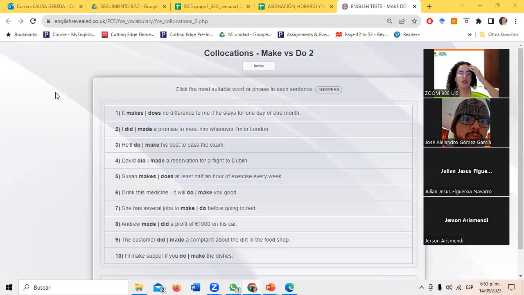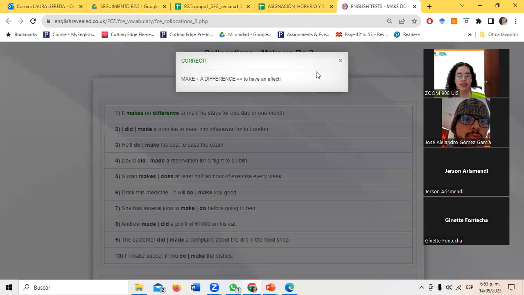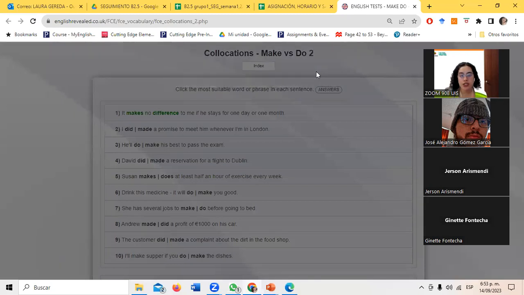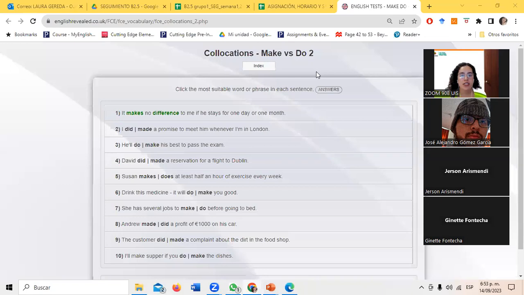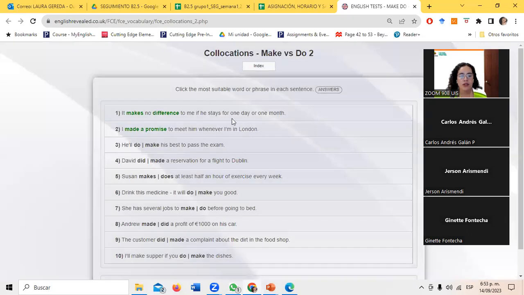Jeanette, for the first one, how did you complete it? Teacher, I put it makes no difference to me if he stays for 1 day or 1 month. Yes, okay. So we say make a difference is to have an effect. Continue, Carlos, the second one. Yes, teacher. I made a promise to meet him whenever in London. Yes, to make a promise.